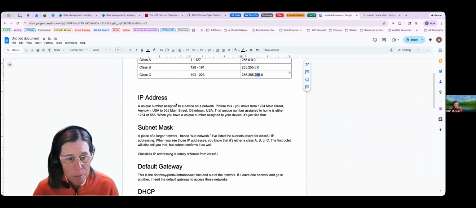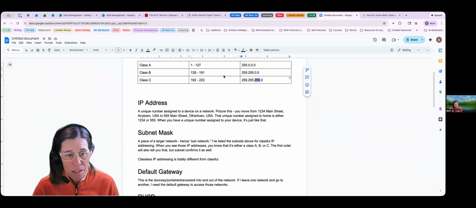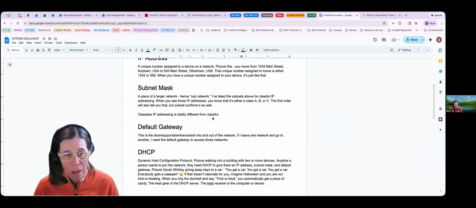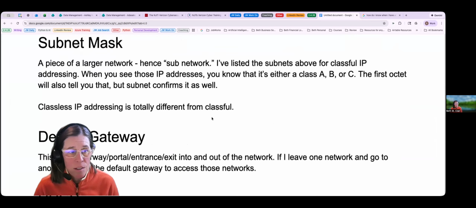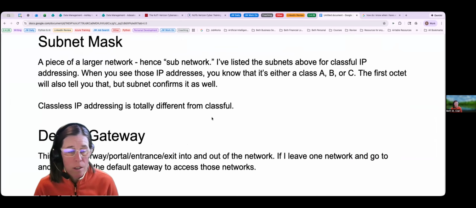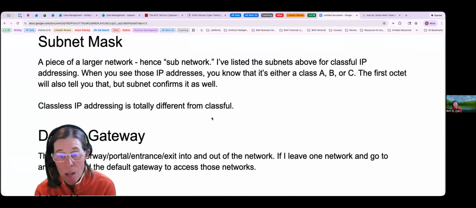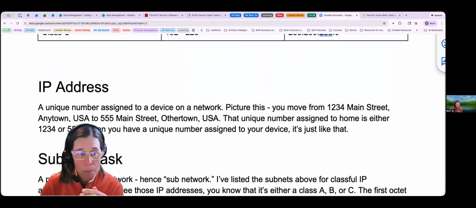Now let's talk about subnet masks, and not just about the class A, B, C. A subnet mask is a piece of a larger network, hence the name subnetwork. So, I listed above the subnets for class A, B, or C. Those first octets will tell you if it's a class A, B, or C, just like we saw up here.